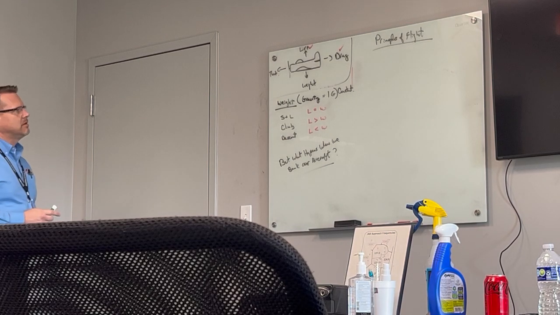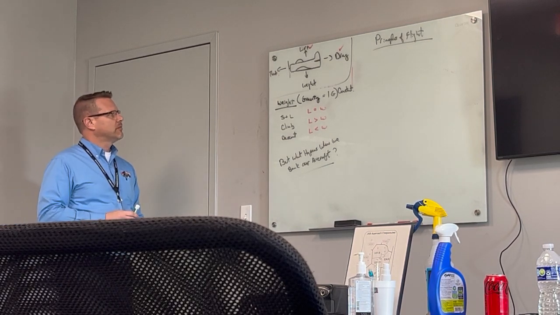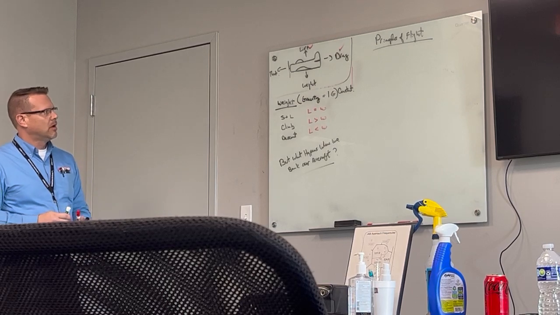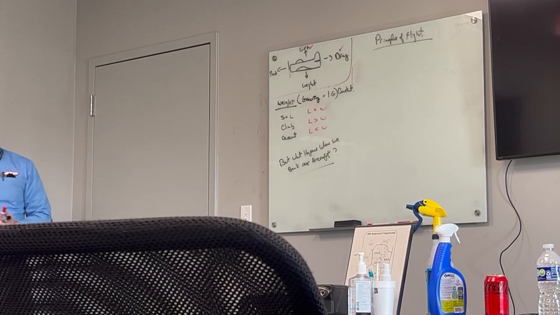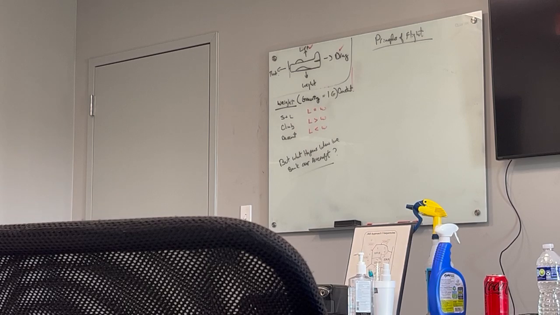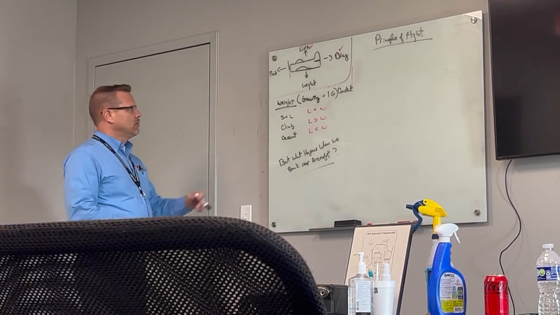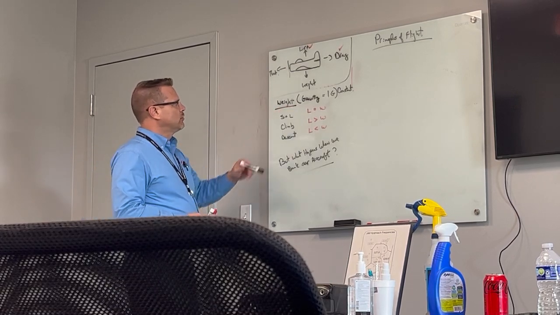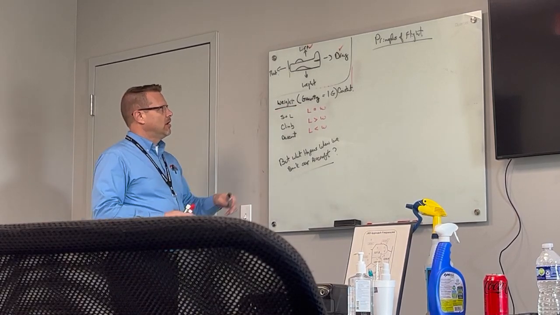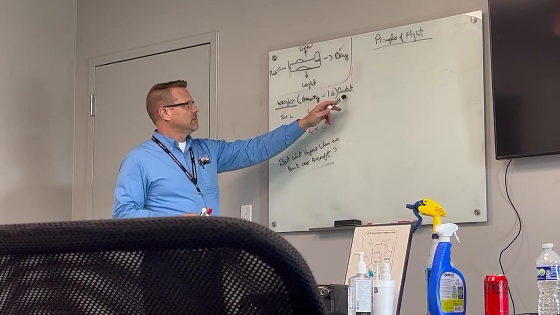So weight is the force that opposes lift. One thing I like to throw in there right away, because I know you're going to want to get into talking about G's, but you have to define what a G is. So weight, we know, is formed by gravity. Gravity is our constant.